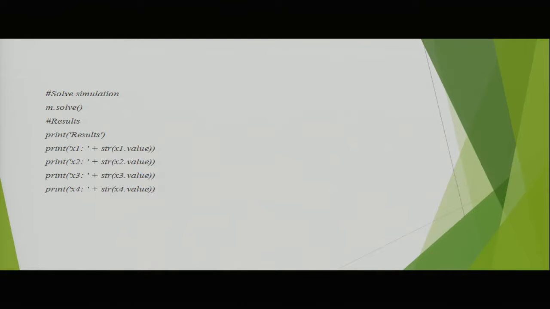So now that's finally what we get. The m dot solve, the solve function, basically when we call that function, we get the values of x1, x2, x3 and x4.